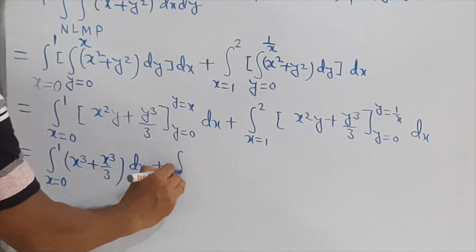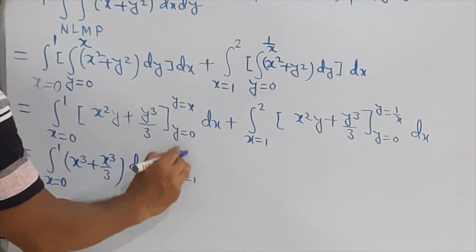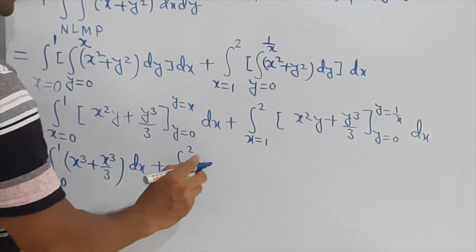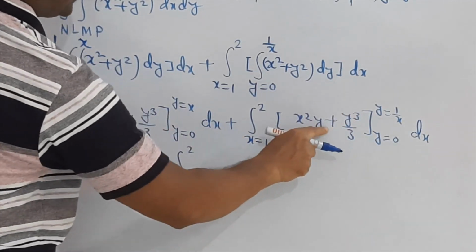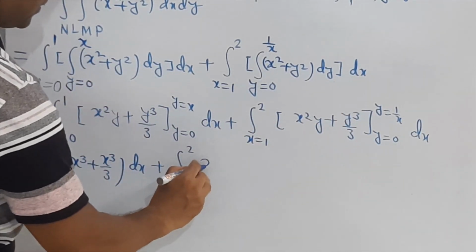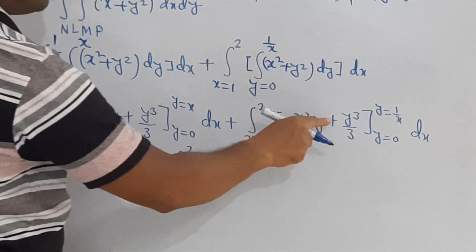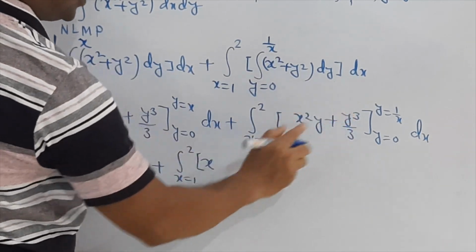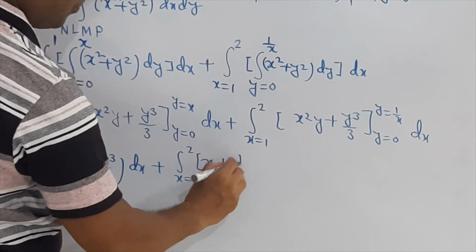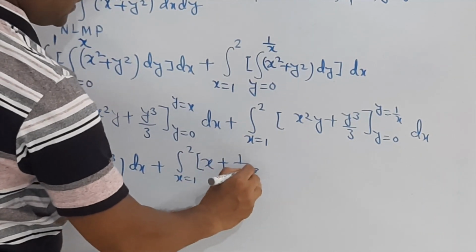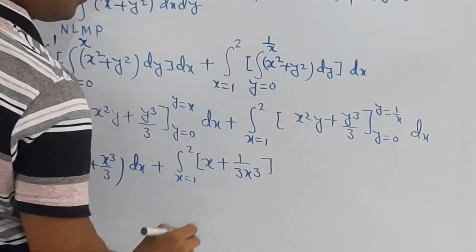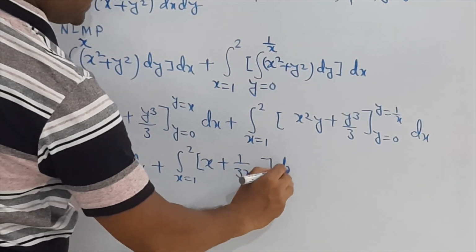Second part, x is equal to 1 to 2, put y is equal to 1 by x, we get x plus 1 by 3x cube dx.